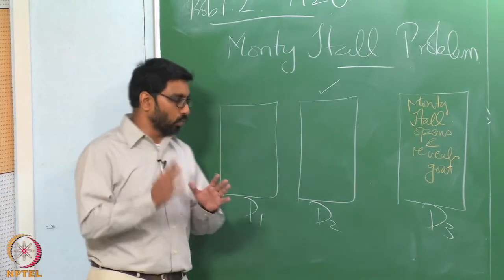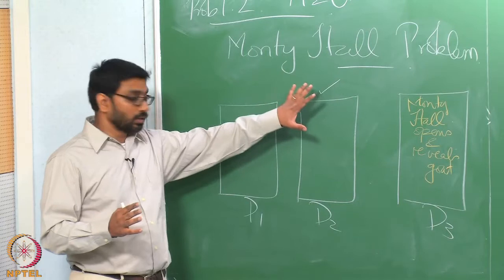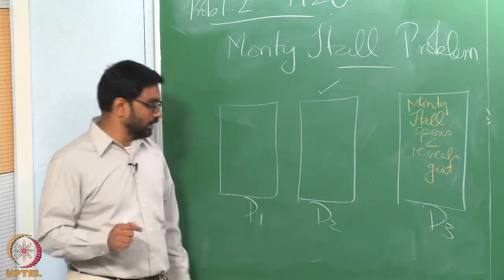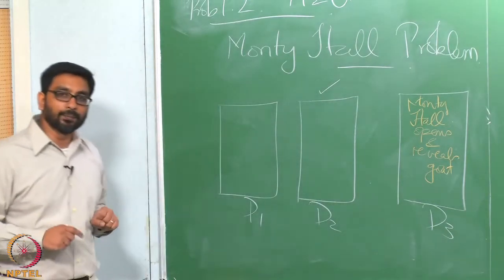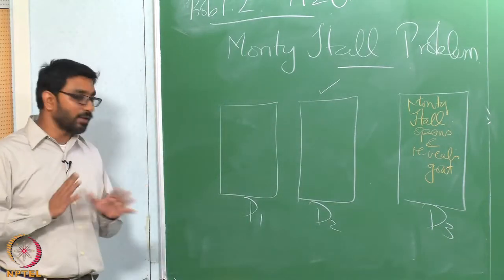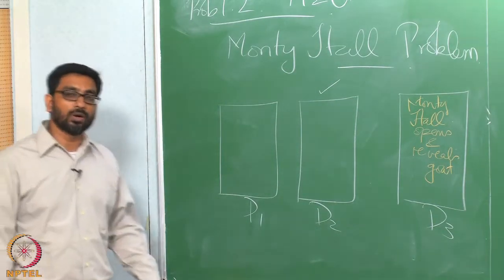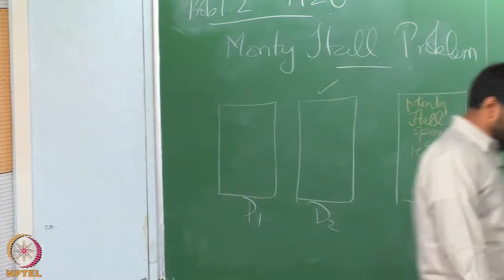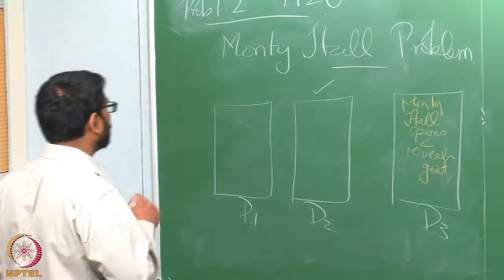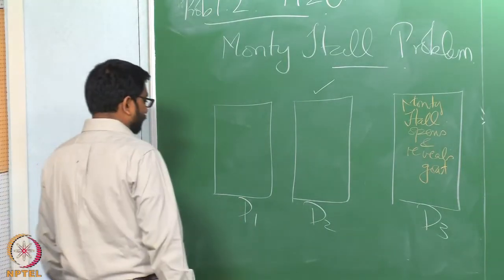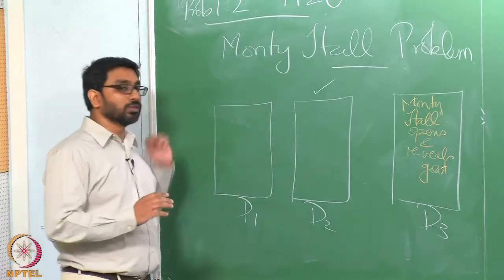You have 2 options. You can either retain D2 or you can move to D1. Now, you have the freedom to choose D1 or D2. At first you may think there is not much value in moving over to D1.